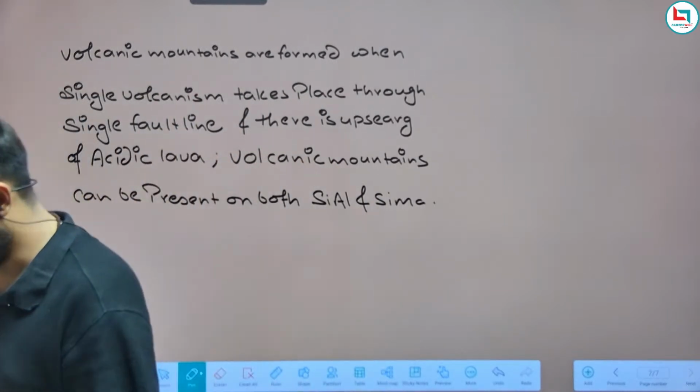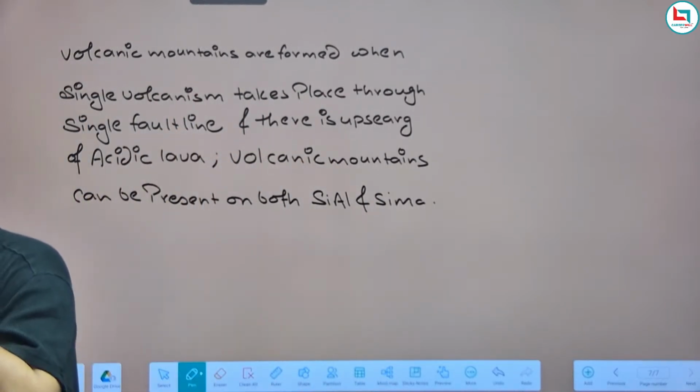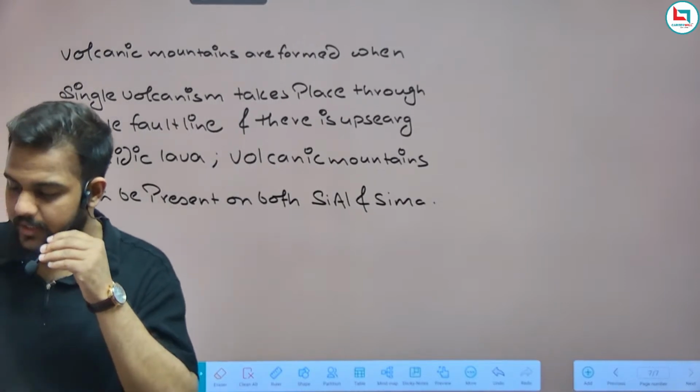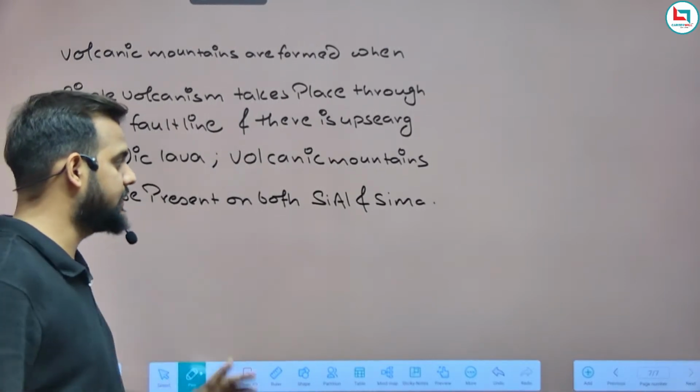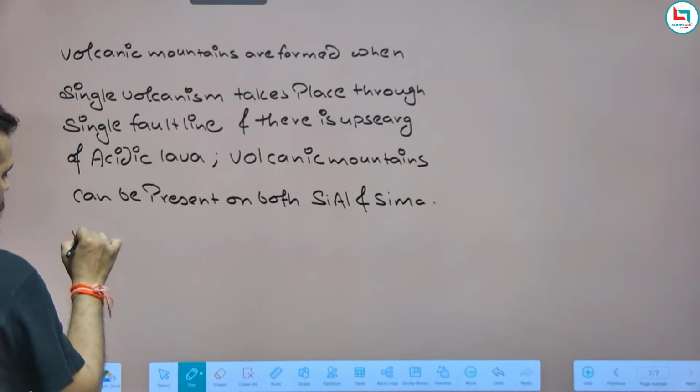Okay. Now guys, after this thing, volcanic mountains are seen more in Sima and less in Sial.